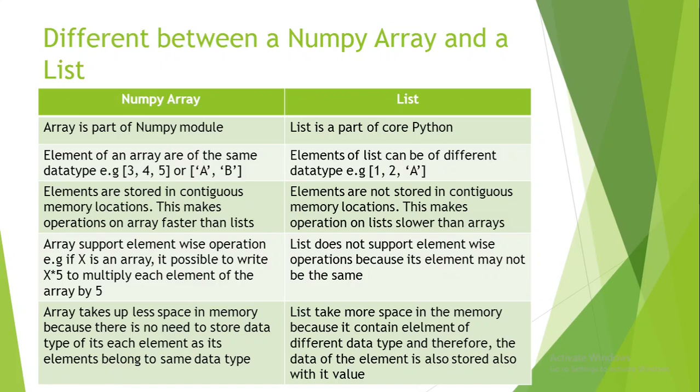Instead of storing it once, it stores two things for each element: the value and the data type. While in the NumPy array we only store the value, and the data type is stored once to identify the data type of everything.